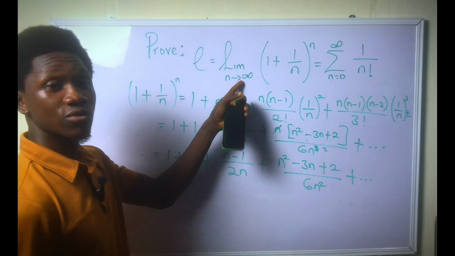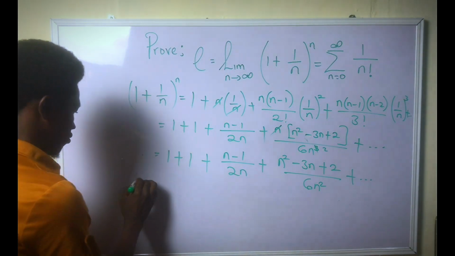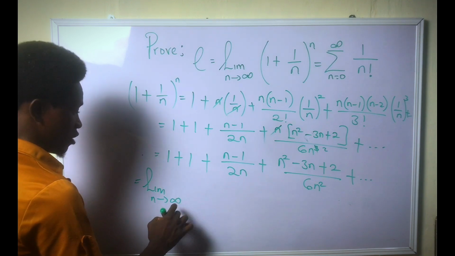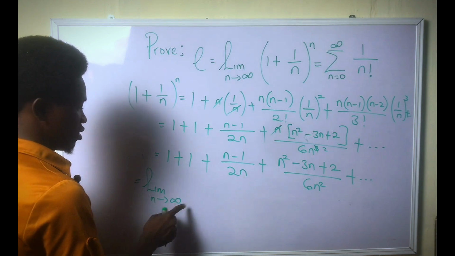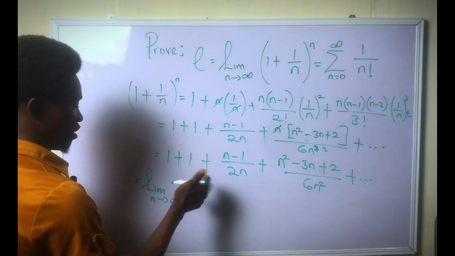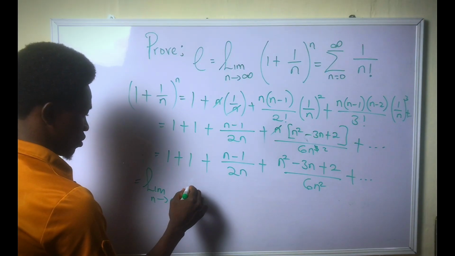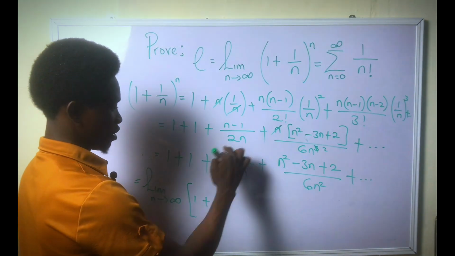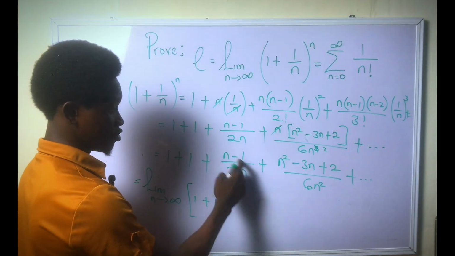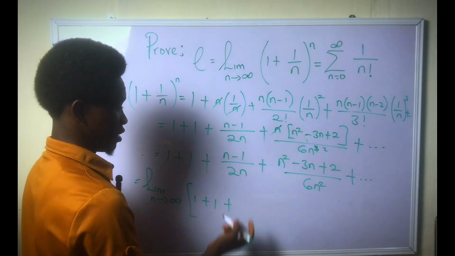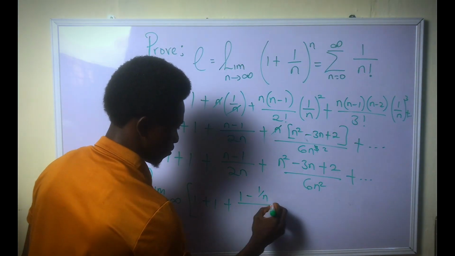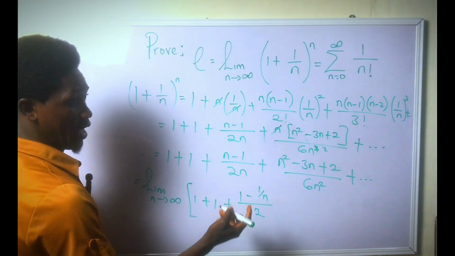So I'll take the limit to infinity of the n. So if I should take the limits, n to infinity, this only concerns where I have n. So I don't have any business with these ones. So it will still be 1 plus 1 plus. So to make this make sense, since I have the same degree, I'll divide by the highest degree. So this will be 1 minus 1 over n over 2 divided by n.